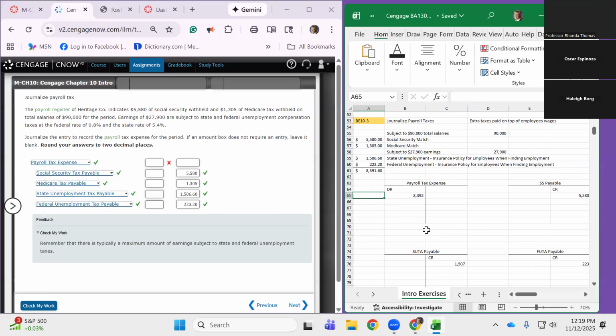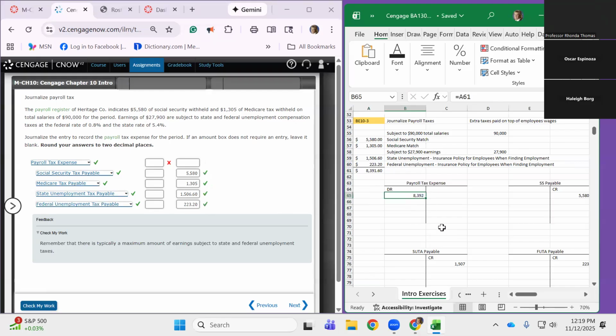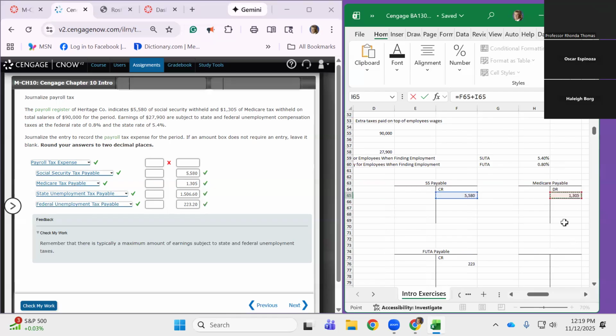So here's what I'm going to do. I'm going to take this number and make it equal all these credits added together, which is what it should be in the first place.